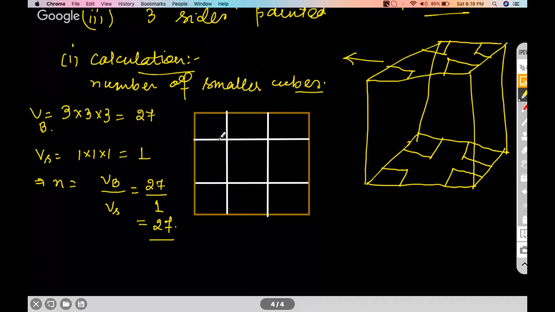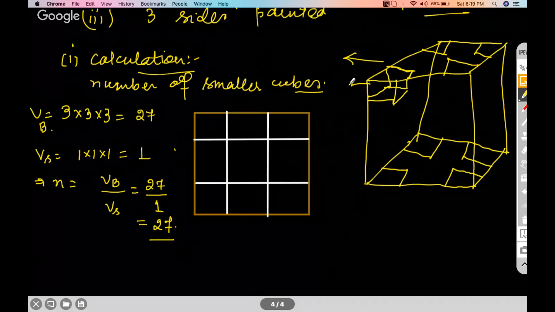Now, if there are a total of 27 smaller cubes, I have to understand how many of them would be three-side painted or something like that. Please look at this corner of the cube. At the corner of the cube, there are three sides. This particular cube would be three-side painted.